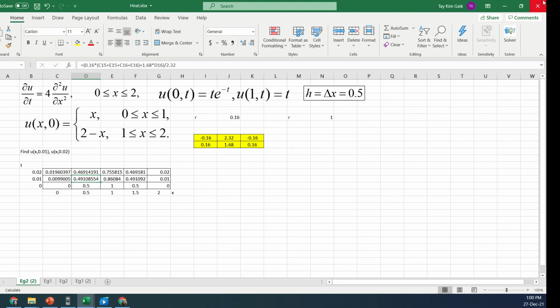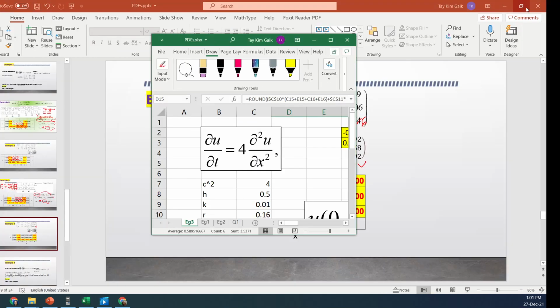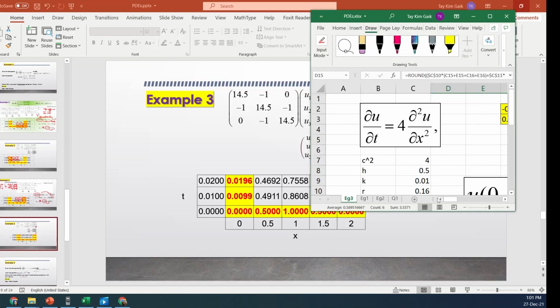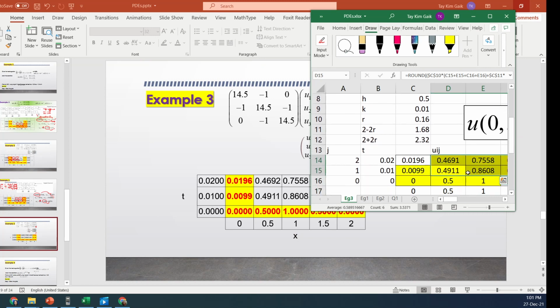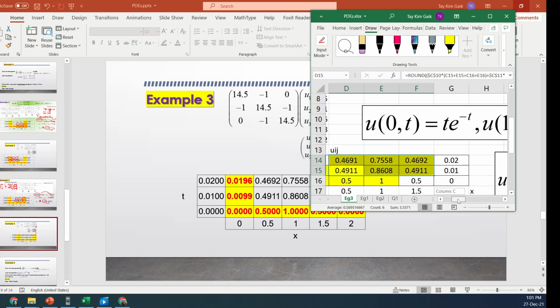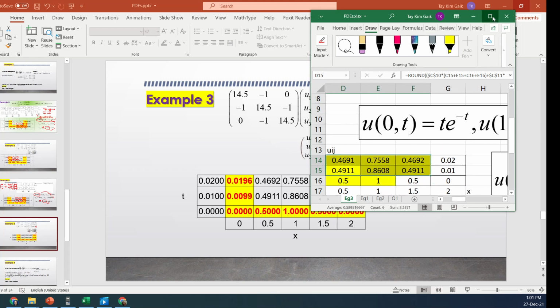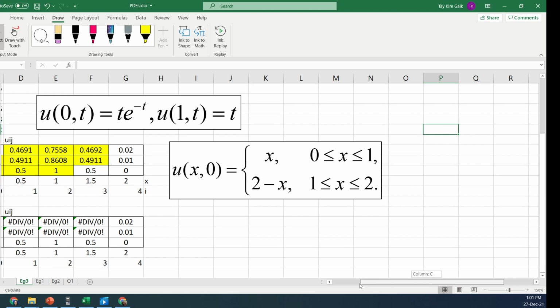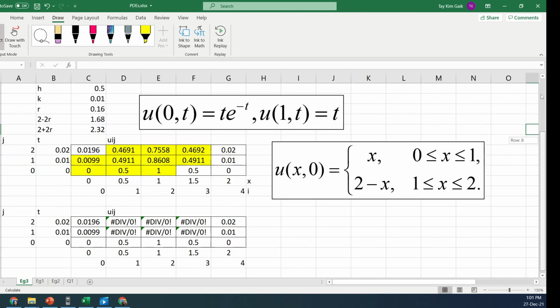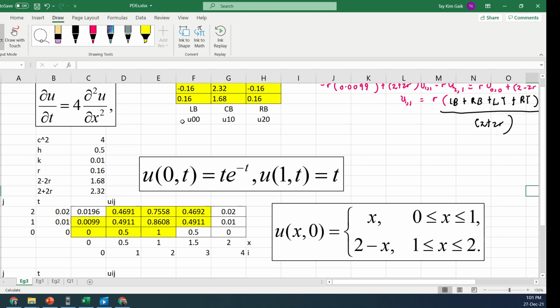Okay, or I close it. Yes. So what we used just now is the initial molecule like this.